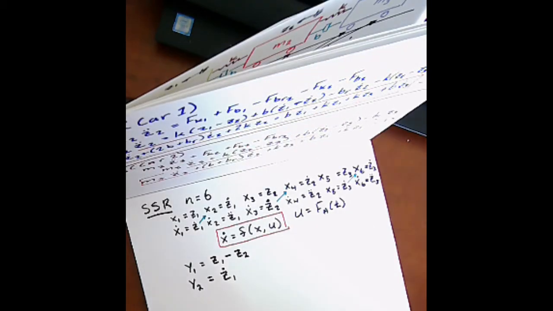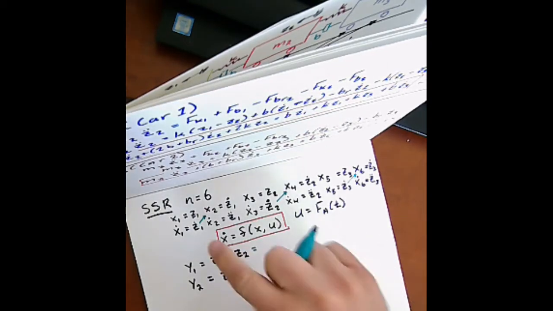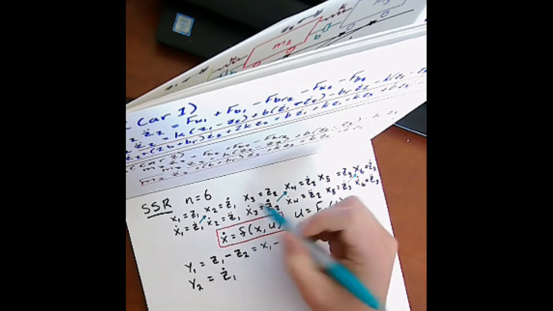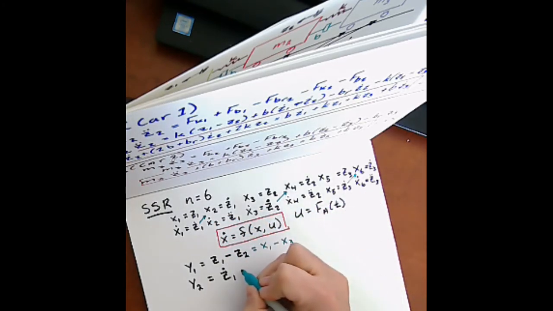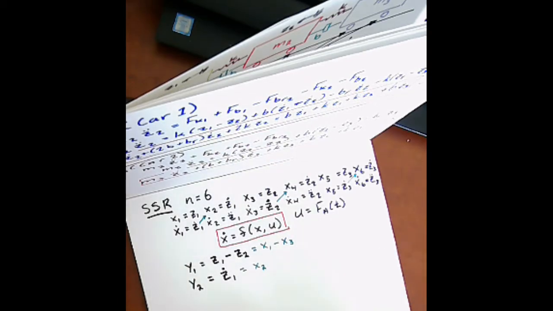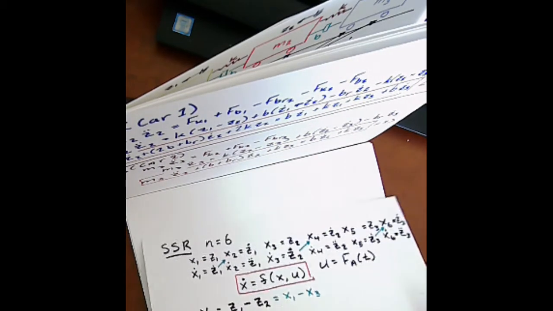Now, what do we do with that? Well, z1 is x1, so this is just x1 minus x3. And y2 actually equals x2. I know that that's hard to see, and I apologize. I'll try to write bigger as we continue forward.